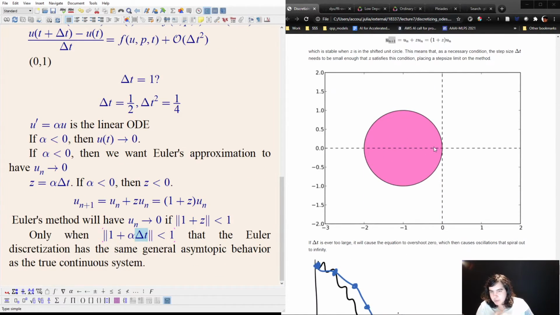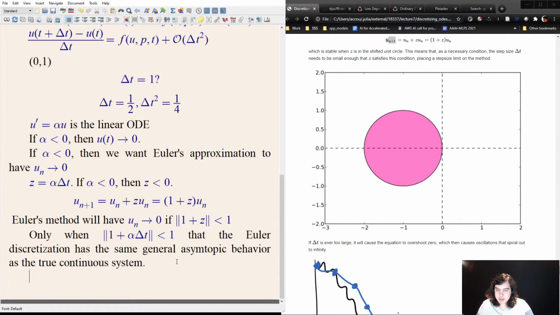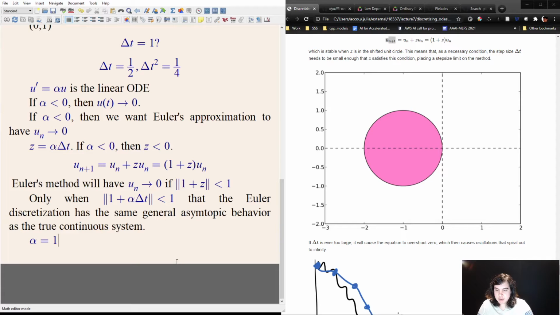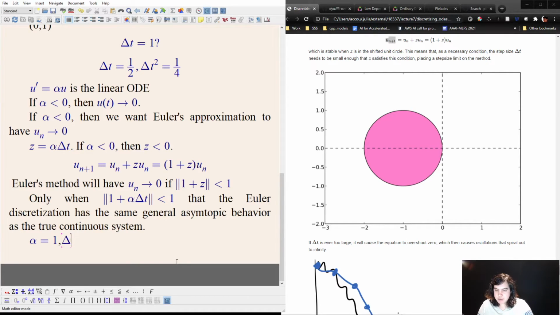If you're going to 0, then alpha is negative, and so your delta t is positive, but how big a positive number it can be is completely dependent on what your alpha is. And there's a limit. If alpha equals -1, then your delta t cannot be bigger than 2. Why is that the case? Let alpha equal -1, and let delta t equal 2.